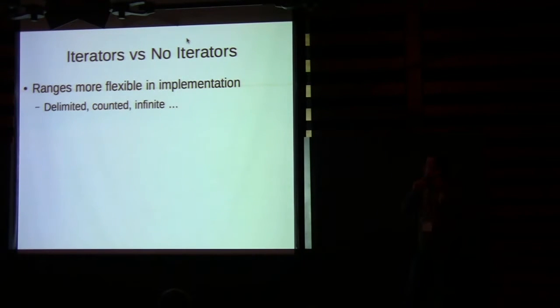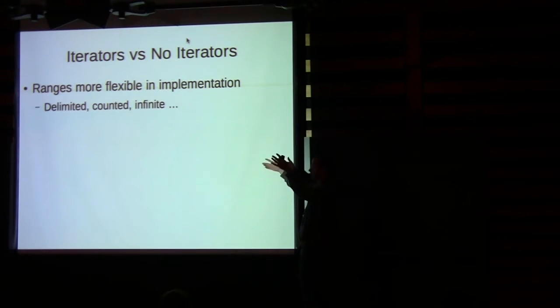So, ranges are more flexible in their implementation than iterator pairs. I make this claim that a range, because it's opaque, it just says, well, am I empty? Drop the first element, get me the first element. That means you can hide things like, is it a delimited range?